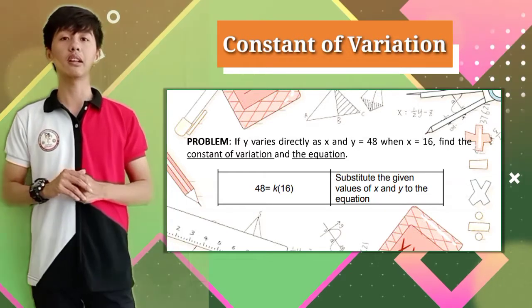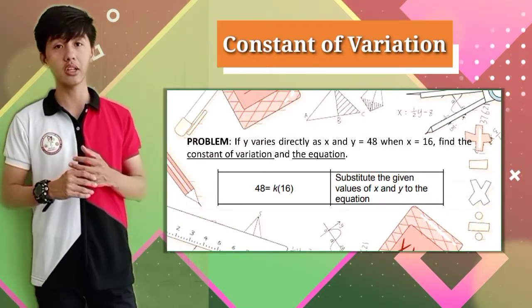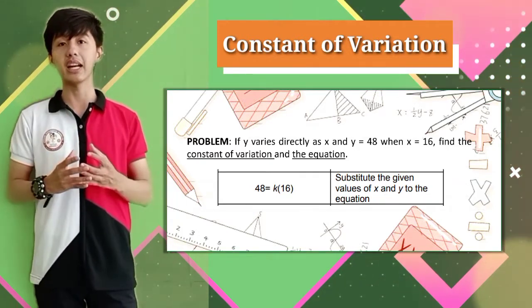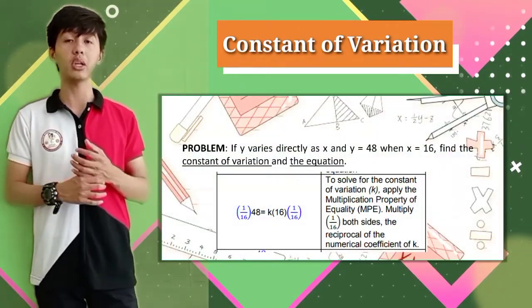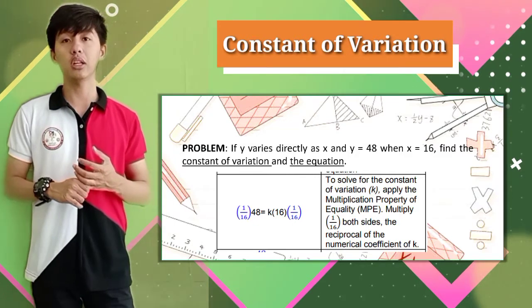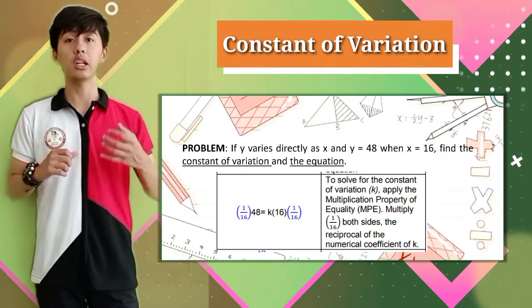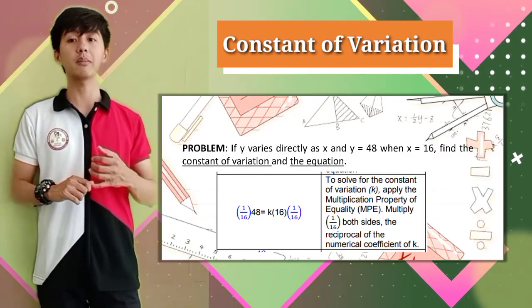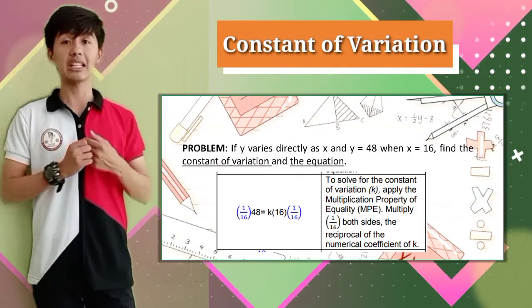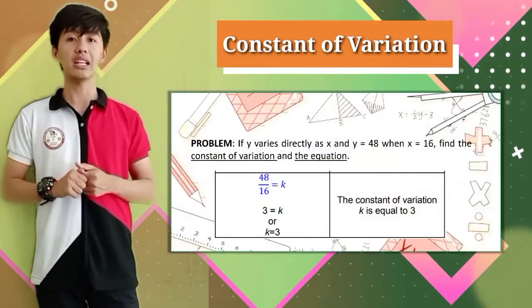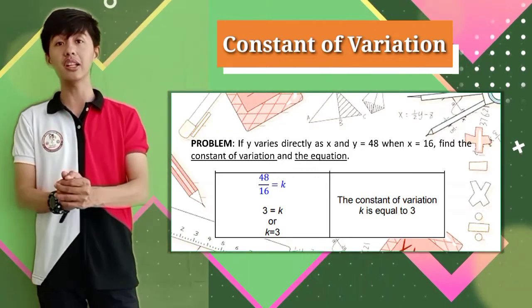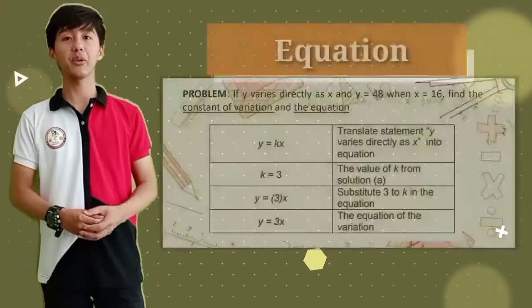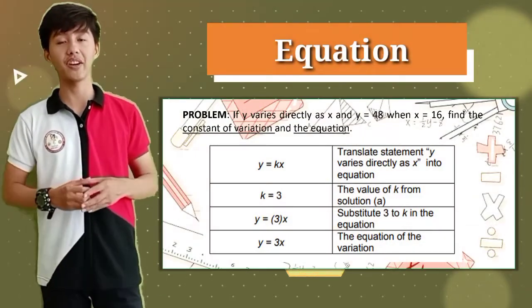Now we are looking for the constant of variation, so we need to look for the value of k, not 16k or k16. So we need to divide both sides of the equation by 16 in order to get the value of k. By dividing both sides by 16, we get k is equal to 3, or 3 is equal to k. So the value of our constant of variation is 3. And so we are done with finding the constant variation.